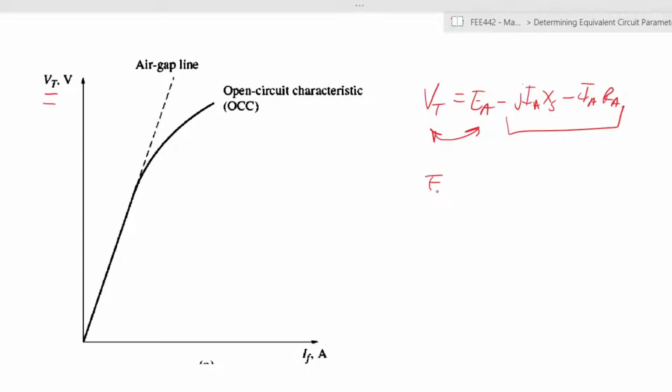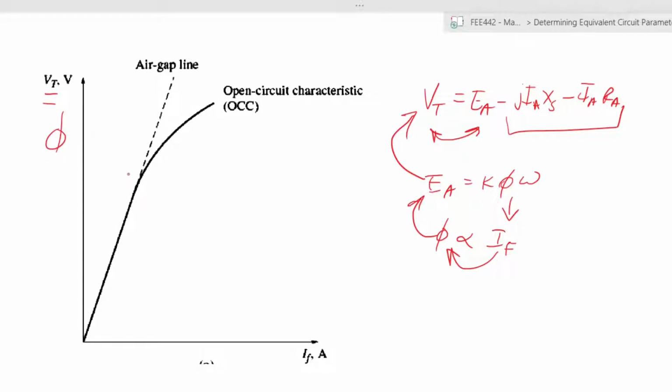But we also know that EA is equal to K phi omega, and in turn, we know that phi is proportional to IF. So the field current leads us to phi, which leads us to EA, which leads us to VT, which means that this relationship here is very similar to the relationship we saw in the last lecture between the induced voltage or the magnetic flux that is created and the field current that we have.